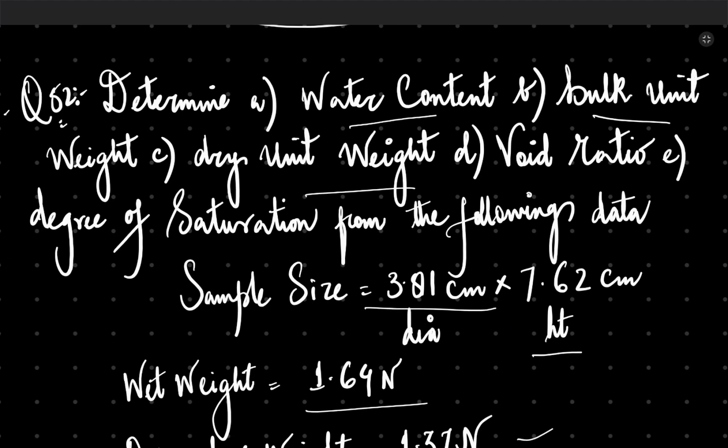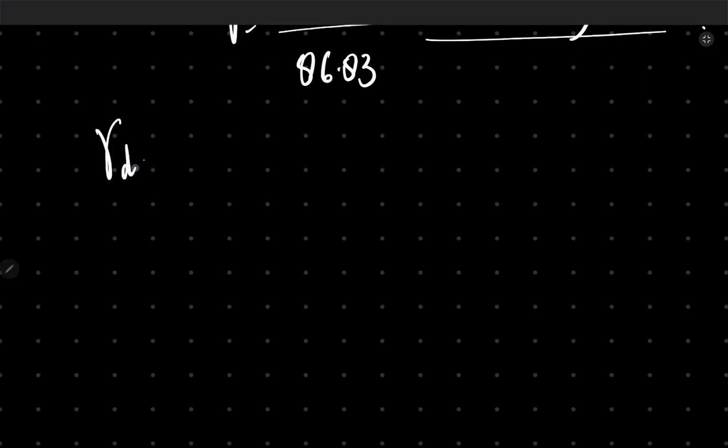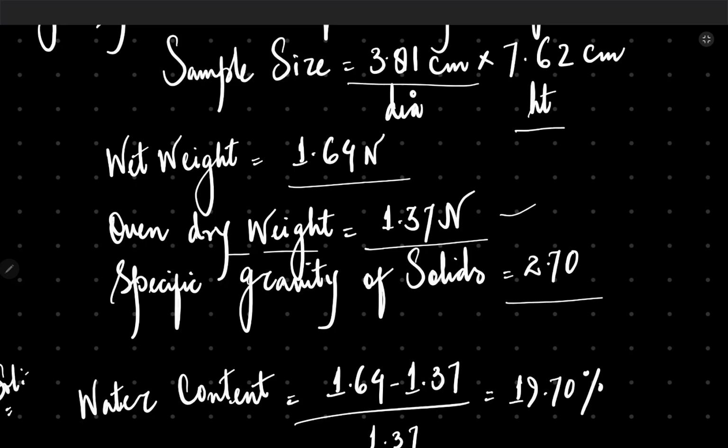Now remains the dry unit weight. We know the bulk unit weight. We can very easily find the dry unit weight using this equation. Or alternatively, dry unit weight is also equal to mass per unit volume. But which mass? Mass of the soil solids. That means we'll use this one, oven dry weight, because after drying in oven, all the water is gone.